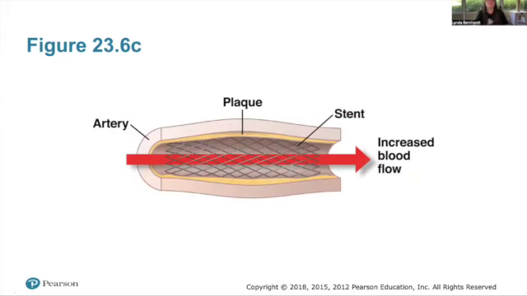So here we go. If you have ever heard about somebody getting a stent, my mom has these. What they do is they literally go in there to the vein or artery, and this one is showing you the artery. They open it up, and they put in this little mesh to try to hold it open.